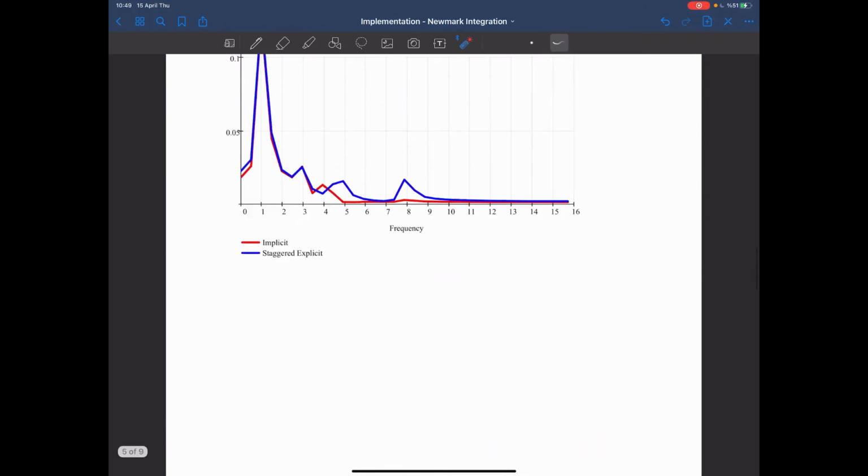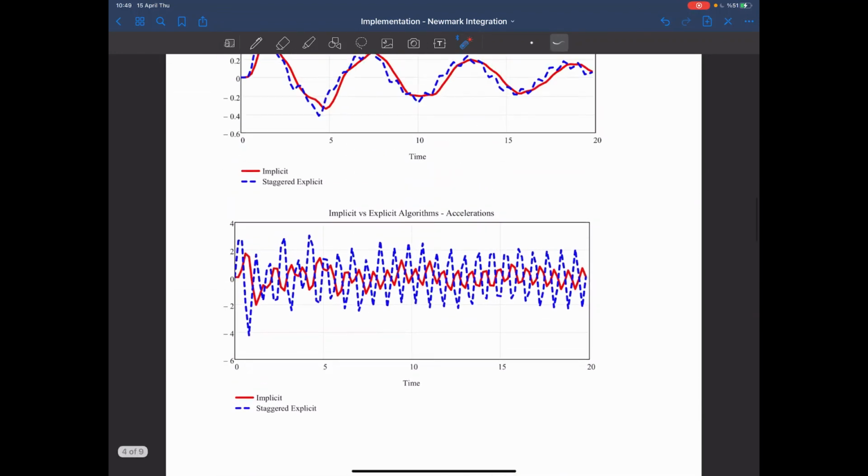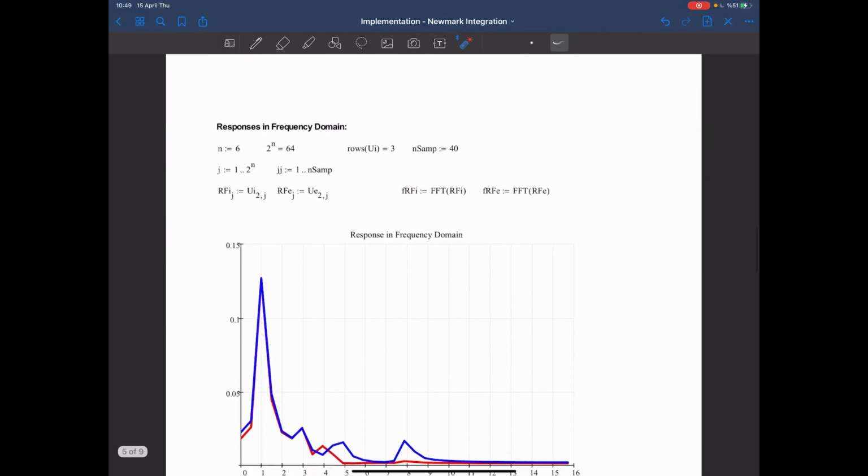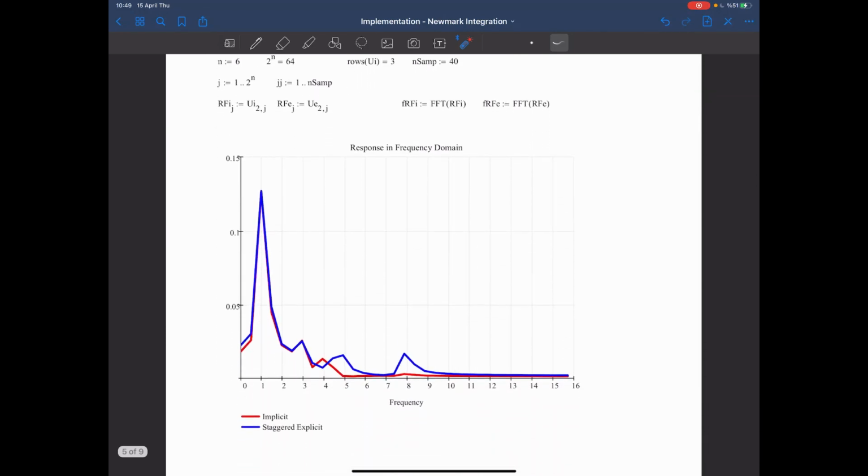Now I also want to take a look at the frequency responses of these two algorithms. So here we have lots of errors, and when we look at the frequency response, here is my excitation force, so I see its effect, but it's more dominant in the staggered explicit algorithm. This is the first mode response, second mode response, and the third mode response.